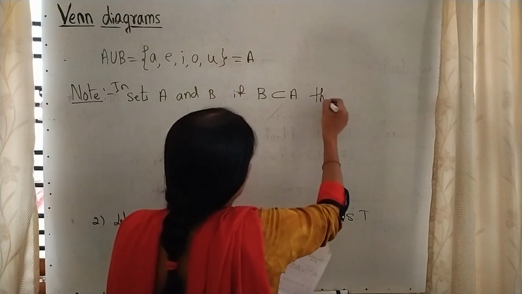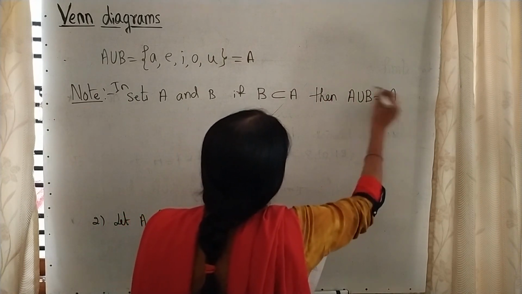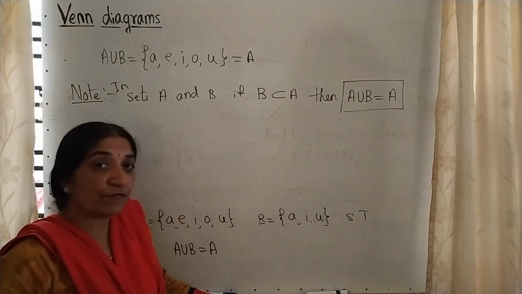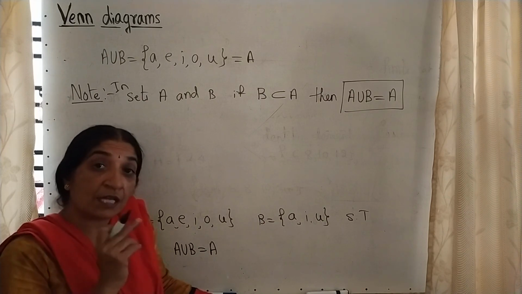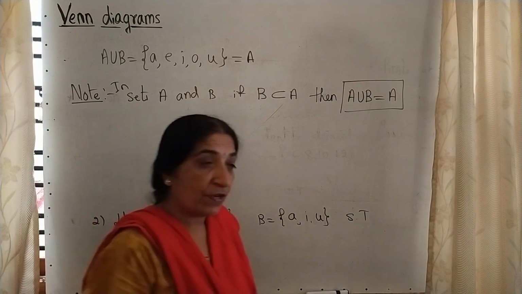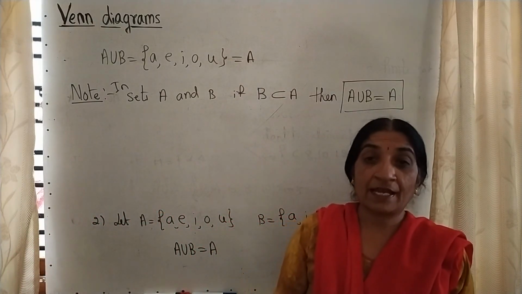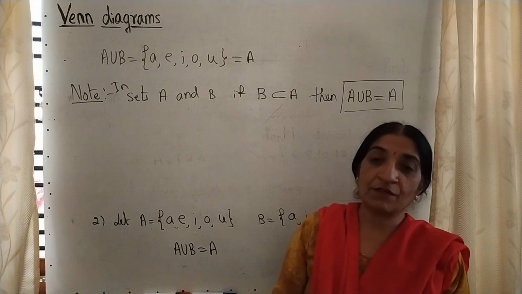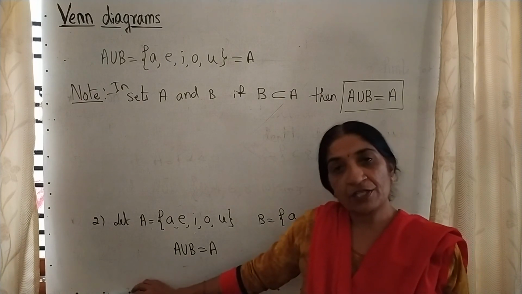Then A union B is equal to A. Mark this. So that is the important point. Whenever I am telling important point, so mark it. That means it can help in your competitive exams. So in the next class, I am giving you the intersection of sets with the help of Venn diagram also and general concept also.